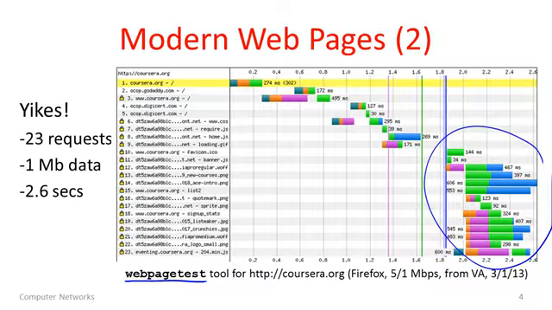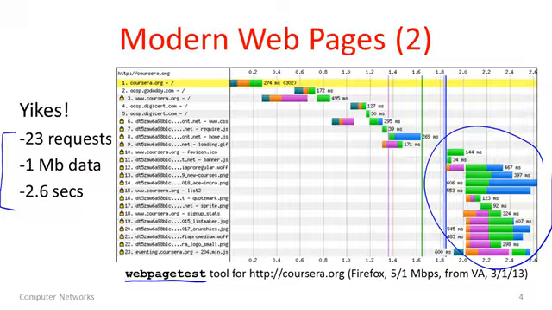We're loading in probably a lot of pictures, and other things, and scripts. The whole web page itself is comprised of 23 requests. It's around 1 megabyte of data, and it takes 2.6 seconds to get to the end of it.